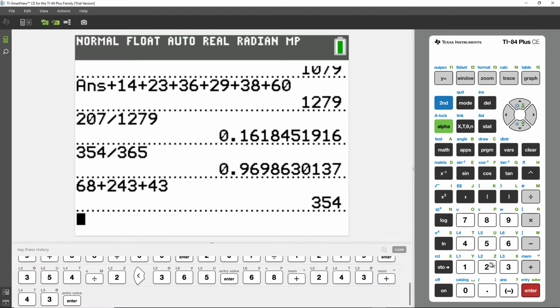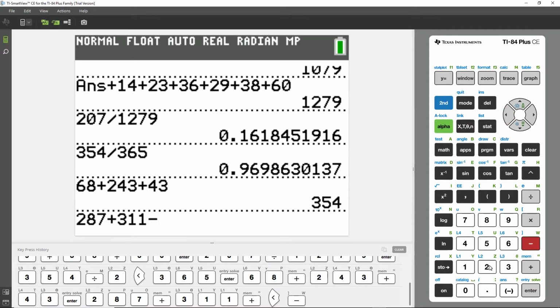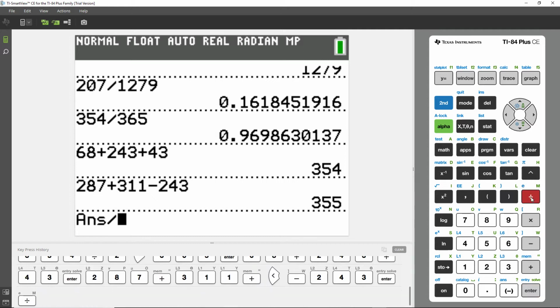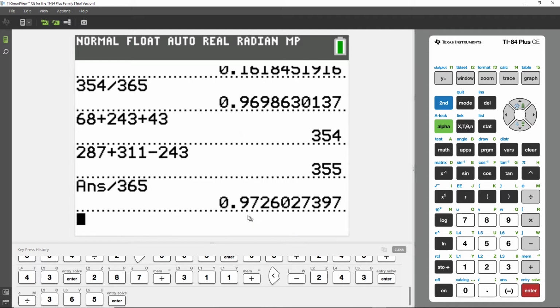We can also do it this way: 287 plus 311, and actually minus 243 again. 355. .973.